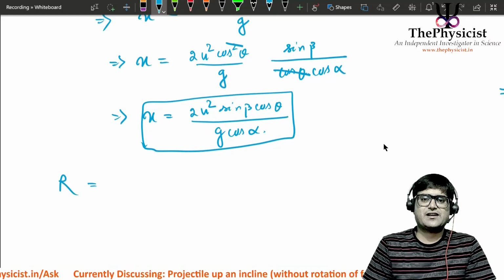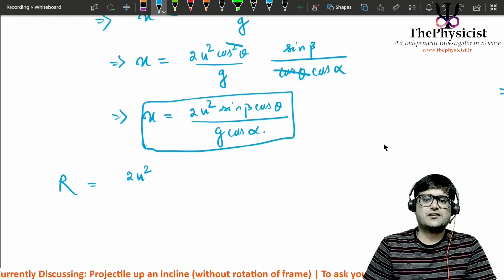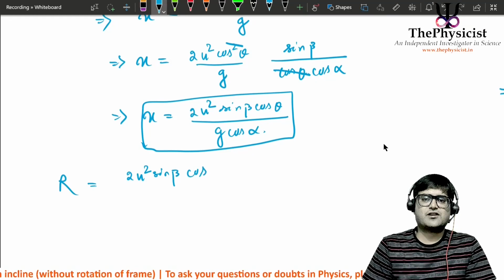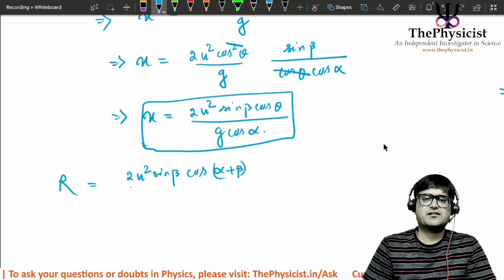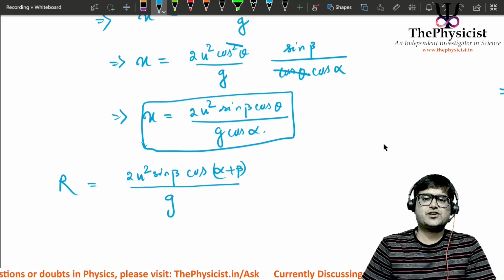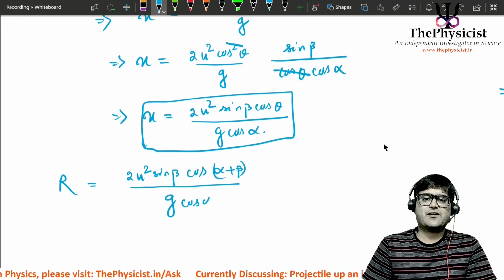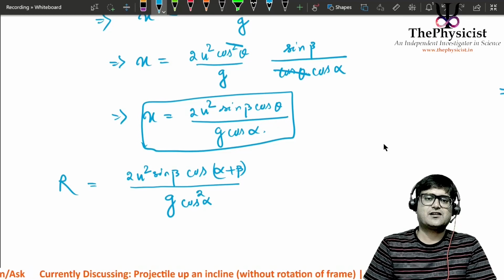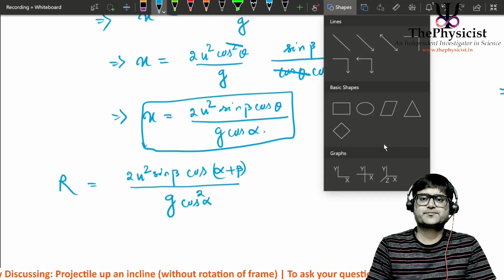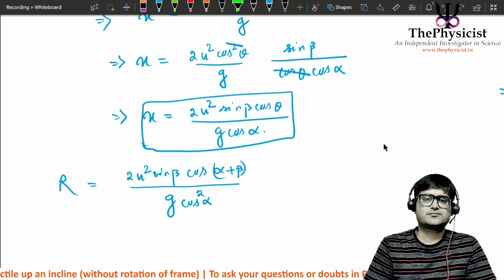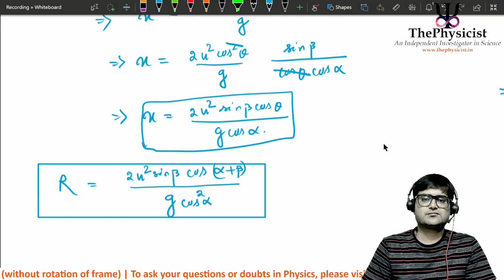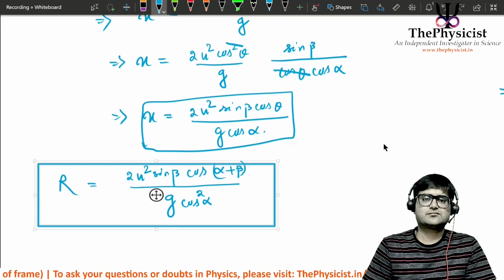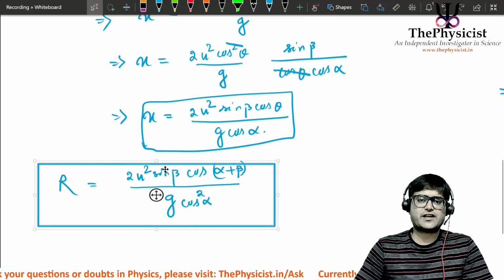So it's going to be 2u squared sin beta, now instead of writing cos theta, I will write cos of alpha plus beta, divided by g cos alpha, but we are dividing x with cos alpha, so it becomes g cos squared alpha. So this is the expression for the range.